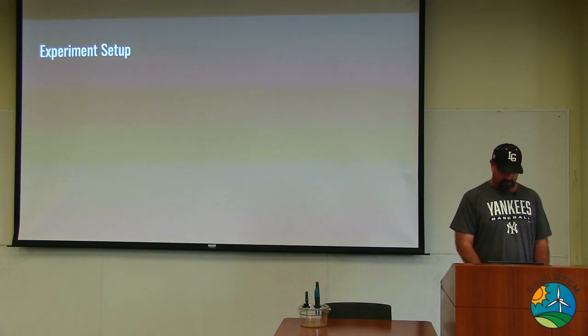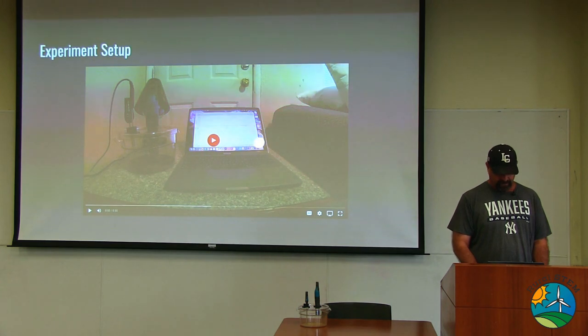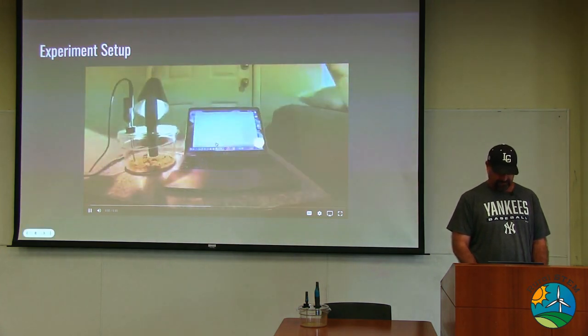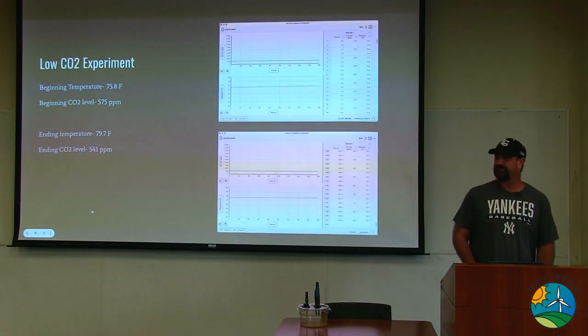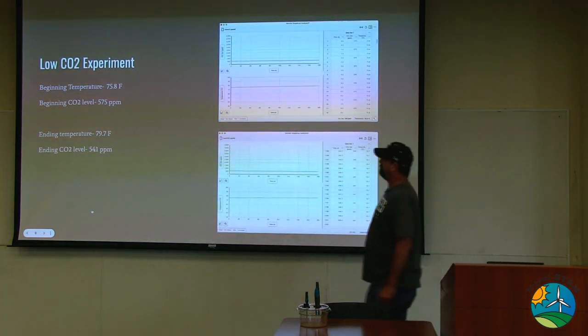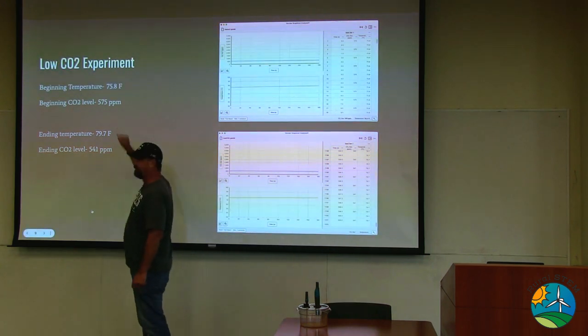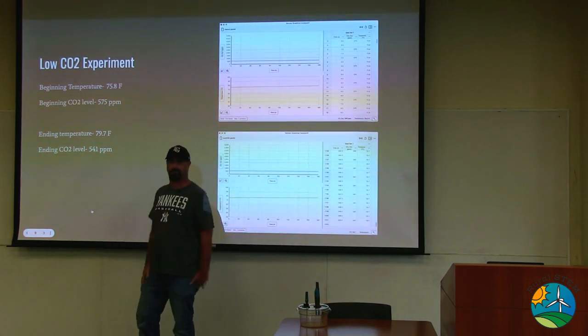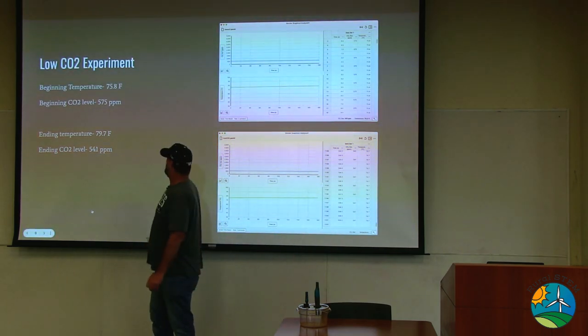Uh-oh. Okay. This is just me running the experiment in my little apartment. I've crammed 10 minutes into 30 seconds. I'm not going to show that whole thing. But here was my data. So the first time, low CO2 levels, you can see there at 575 parts per million, which was a little high, more than likely because it was indoors, if I had to guess.